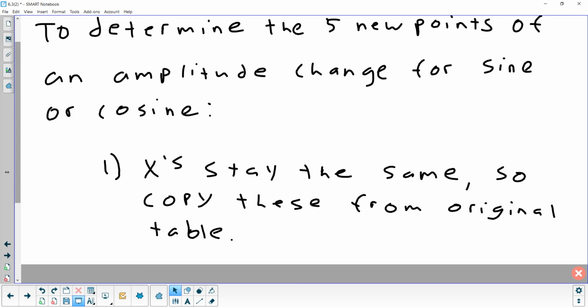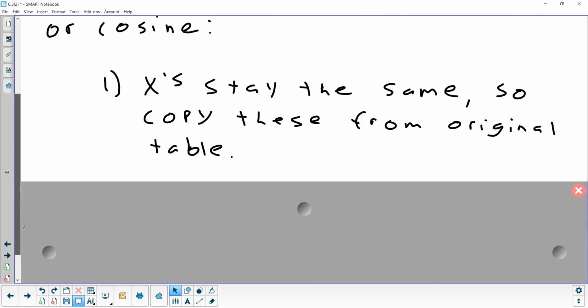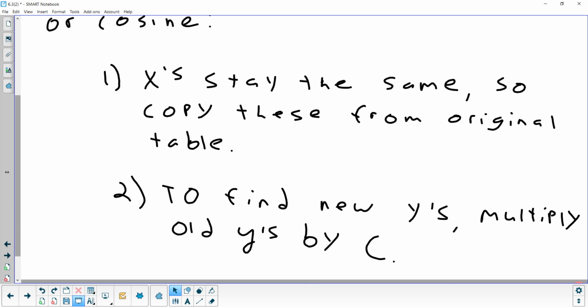Now, the y's are going to change. Arithmetic for this is very simple. To find the new y values, take the old y values and multiply by c, where c is the number in front.